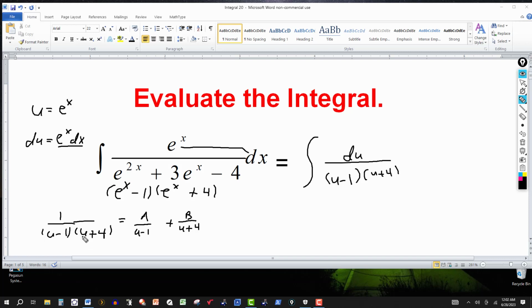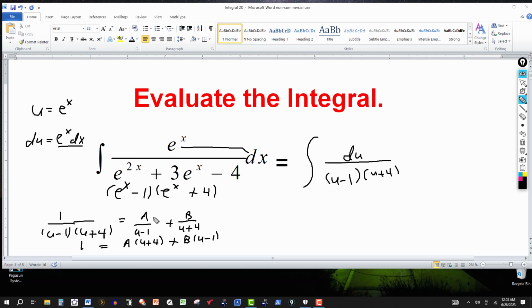And you clear the fractions by multiplying by the LCD, u minus 1 times u plus 4. So this would give me 1 equals A times u plus 4, since the u minus 1 would cancel. Multiplying the second fraction, the u plus 4 would cancel, and leave me with B times u minus 1.